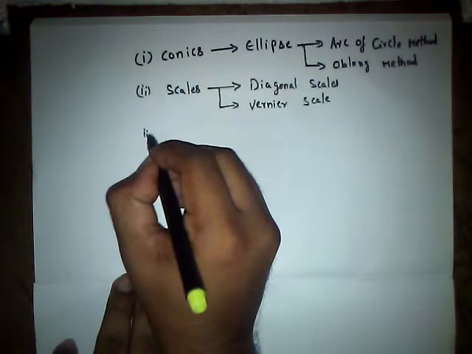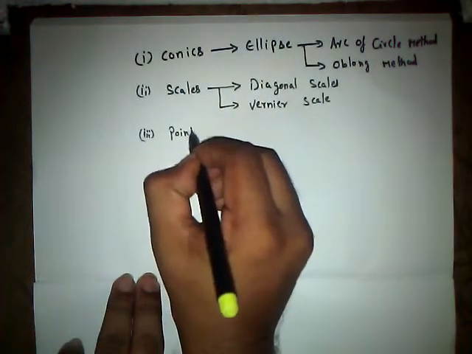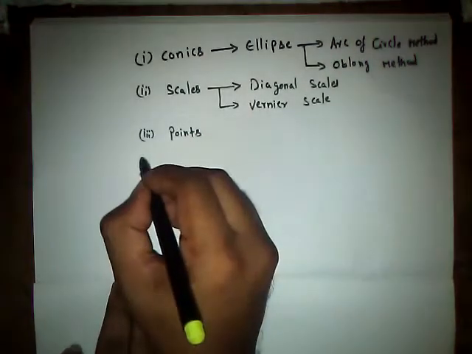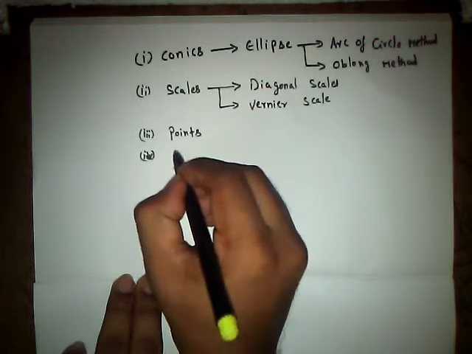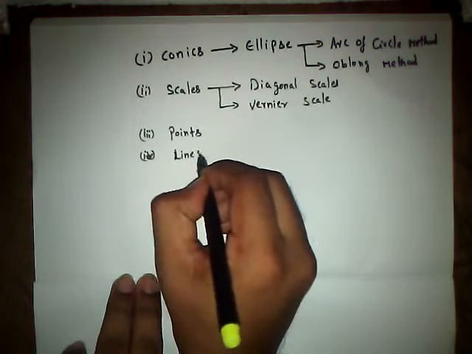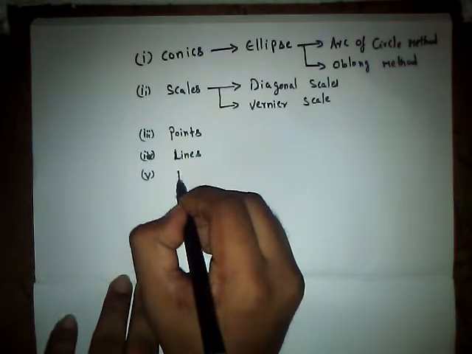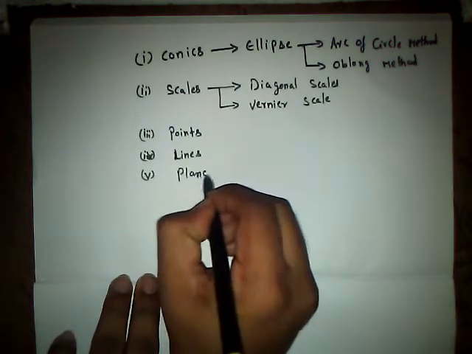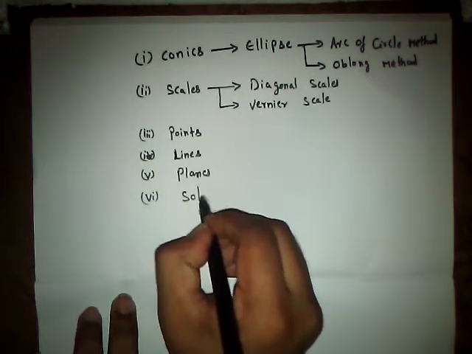And the third topic, the easiest topic among the entire engineering drawing topics, is points. The fourth one is lines. Fifth one, planes. And the sixth one is solids.